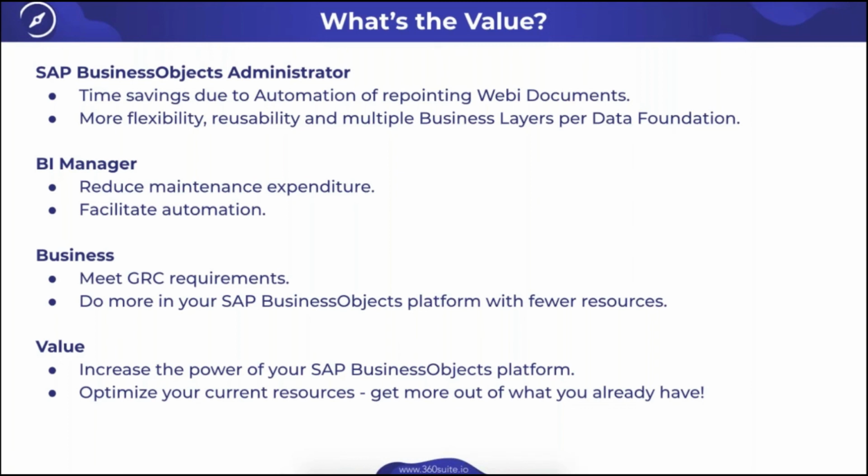And finally, 360 Unit, the ability to bulk update descriptions, tag objects containing sensitive content, and change your SQL across your universes in a bulk capability tool. What this will do for you, of course, is increase the power of your overall BusinessObjects platform and optimize your current resources so you can get more for what you're already paid for.